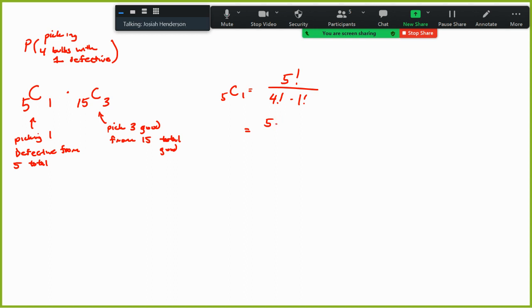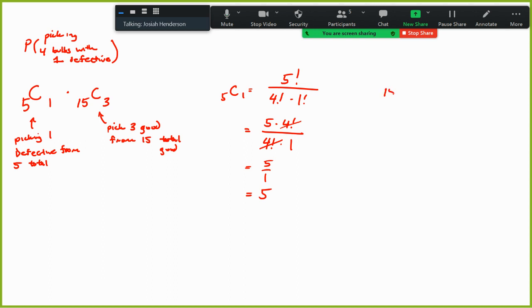Expand the top one, 5 times 4 factorial, and I'm going to stop there because this time we have a 4 factorial in the bottom. 1 factorial is just a 1, so we can basically cancel it right away. So 4 factorial over 4 factorial is 5 over 1, which is just 5. So there's 5 ways to randomly select one out of those 5.